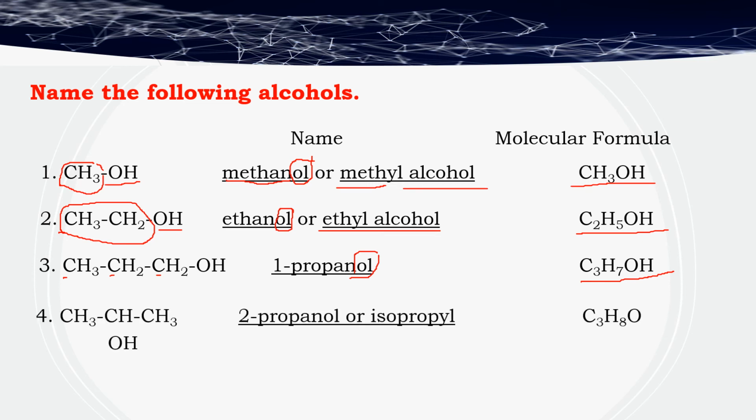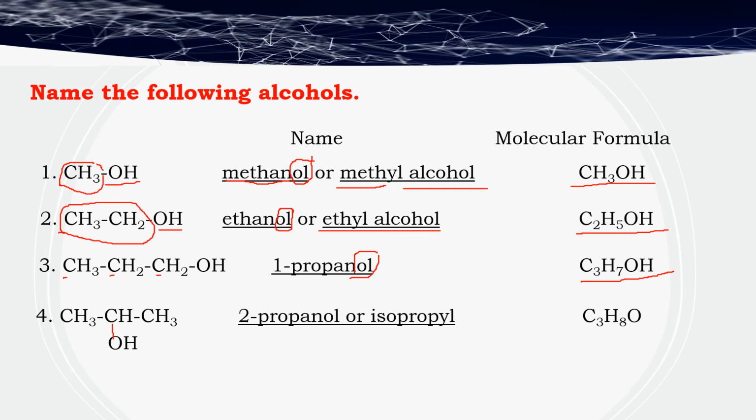And then the last one is this one. This is a branched chain hydrocarbon. We have CH3, CH, CH3, and OH. The functional group OH is connected to the second carbon atom right here. So example number 4 is the same as number 3, but they will have different names, because example number 3 is a straight chain and number 4 is a branched chain.